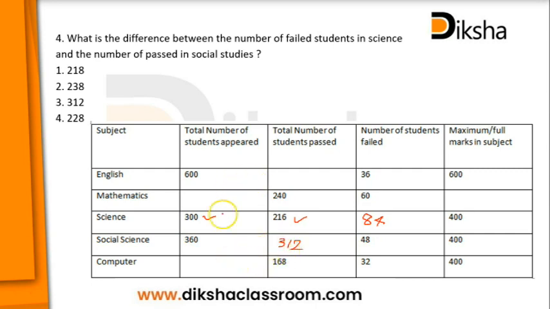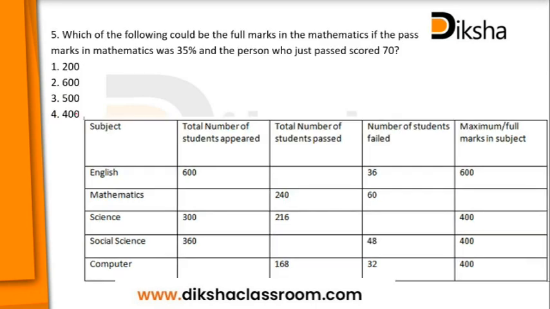The question is what is the difference between the passed in social and the failed in science, that is 312 minus 84 will be the difference, that gives you 228. So the correct answer will be option 4, 228. Easy one. 312 minus 84, 228.